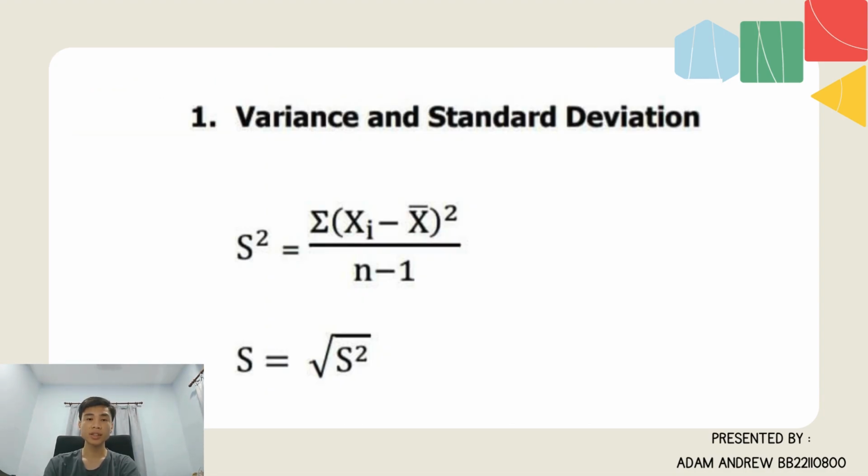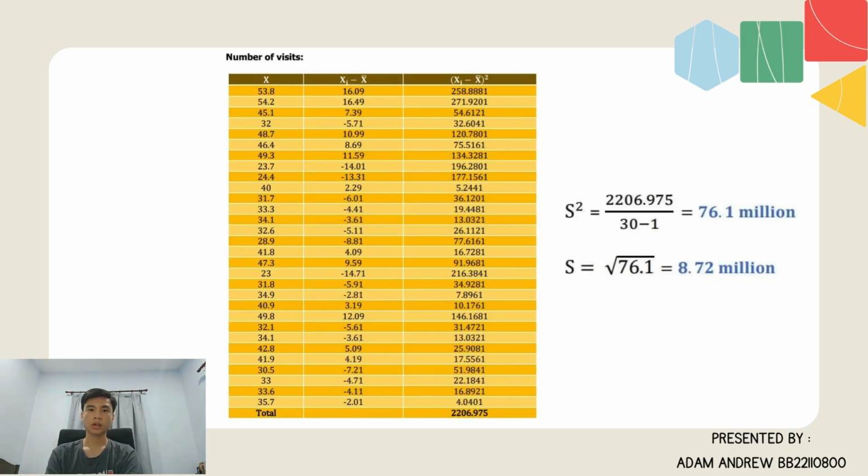Next, the variance and the standard deviation. This is the formula for both variance and standard deviation. For standard deviation, we only need to take the square root of the variance. For number of visits variance, we divide the total from the data by 30 minus 1 to get 76.1 million.